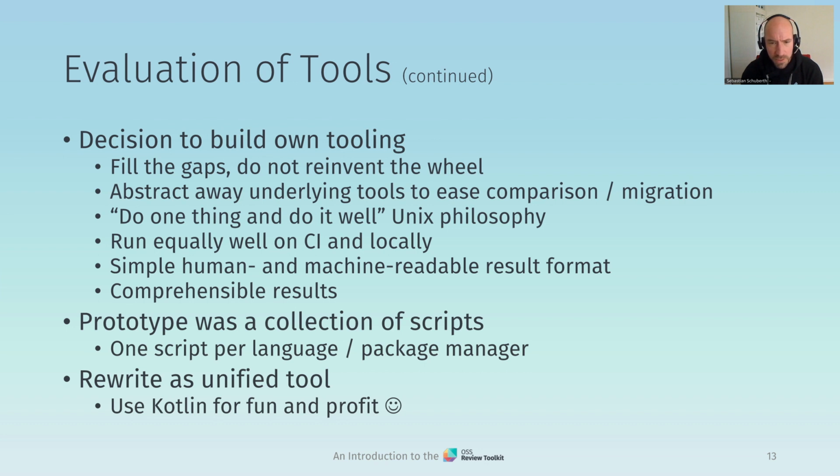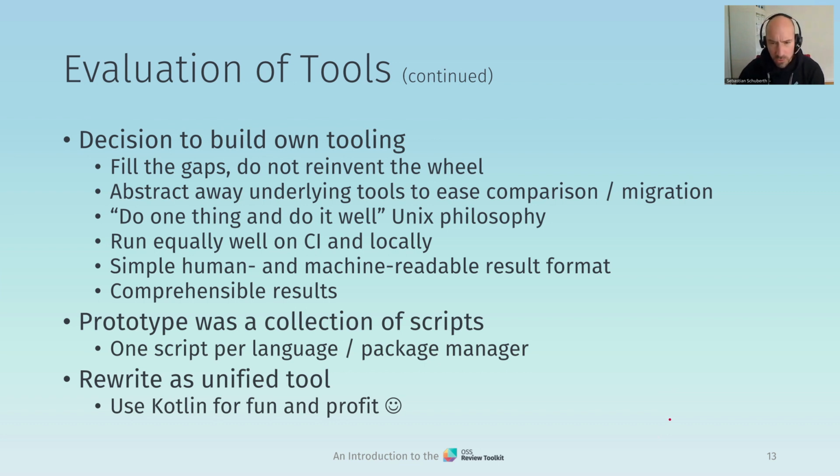So I started out writing a prototype that was back then a loose collection of scripts per language and package manager. So there was a dedicated solution for Gradle written in Groovy, for example. There was a Python script for pip. There was some Ruby scripting for bundler, just to demonstrate the concept to abstract these things away and to analyze dependencies for different package managers, providing the same unified output.